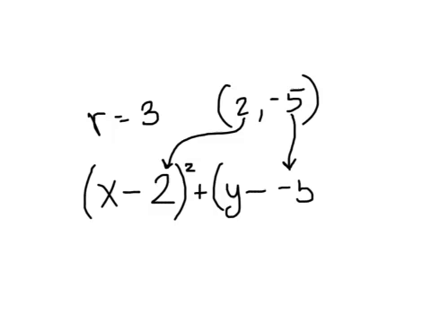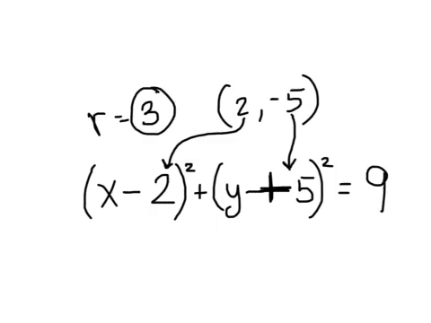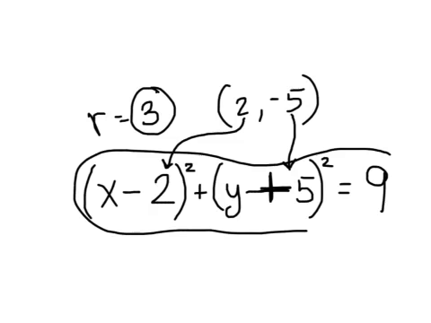But two negatives will turn that into a positive. And then I have to take the radius and square it, which is 3 squared, 9. And that's all I want you to do. Okay, it's not overly complicated for that. There's not going to be too much math involved with that one.